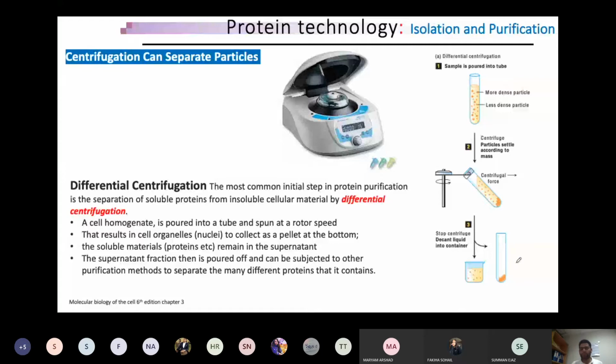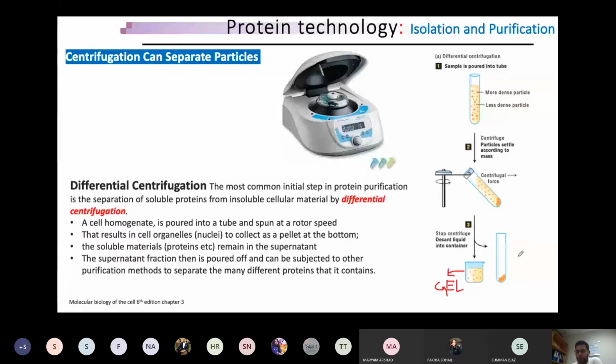So this is the differential centrifugation, and what is the outcome? If your protein of interest is present in the soluble fraction of the cellular extract, you could take this and perform further experiments, for example gel electrophoresis, or maybe an emission spectrum, or whatever you want to do.